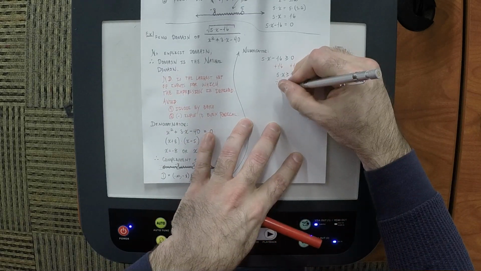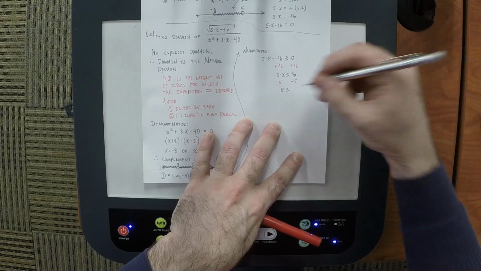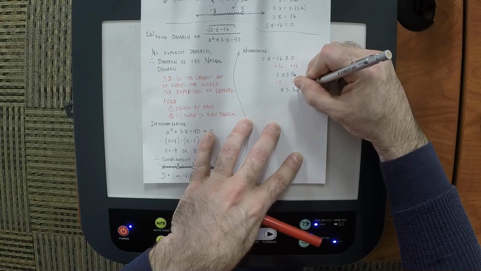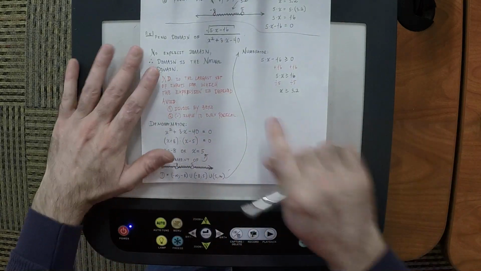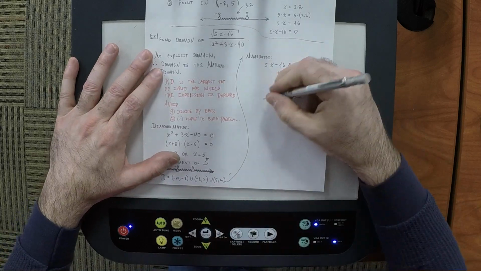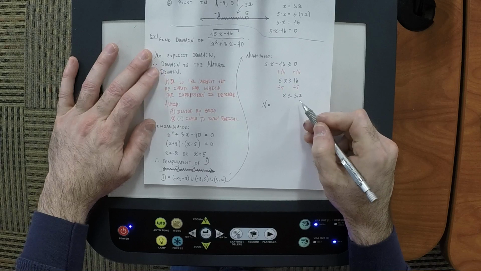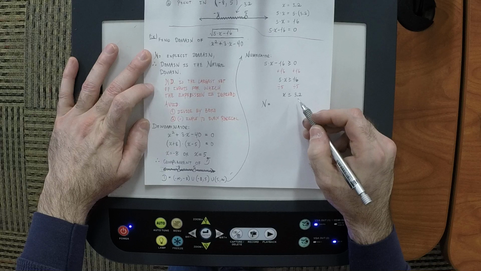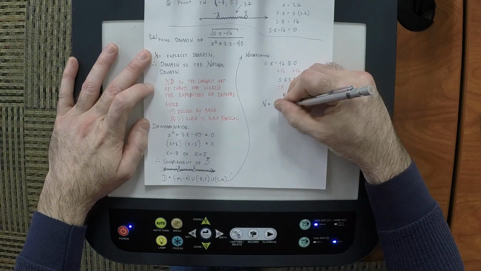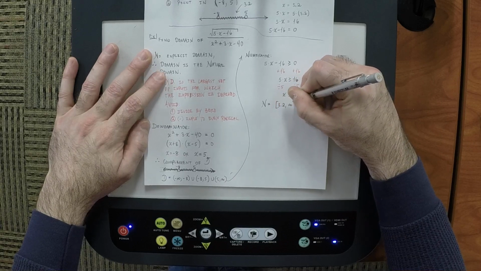So the new left-hand side is x, and the new right-hand side is what? 3.2. All right. So writing this in interval notation, just that set there, we could say N is what? How do we write that in interval notation? Bracket 3.2 infinity. Very good. So 3.2 or bigger, like that.